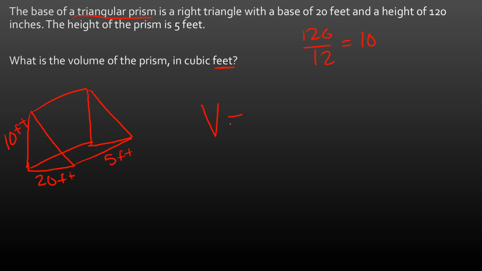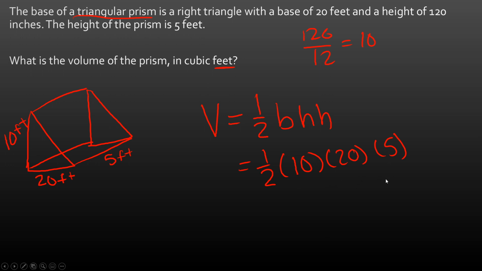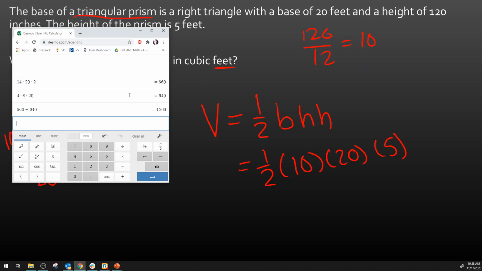From here, I'm just going to plug this into my formula. 1/2 base times height. So I have 1/2 times 10 times 20 times 5. The order in which you write these numbers does not matter because with multiplication, remember your order doesn't matter. So I'm going to do my 0.5 times 10 times 20 times 5, and I get 500.